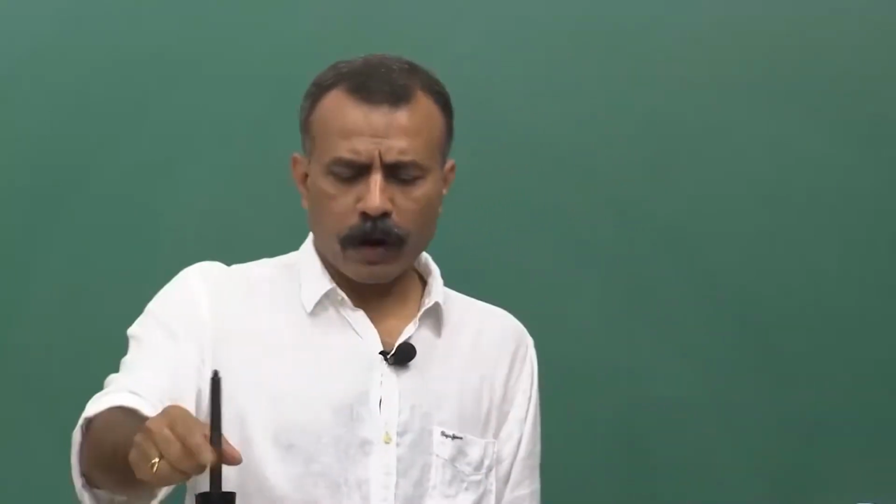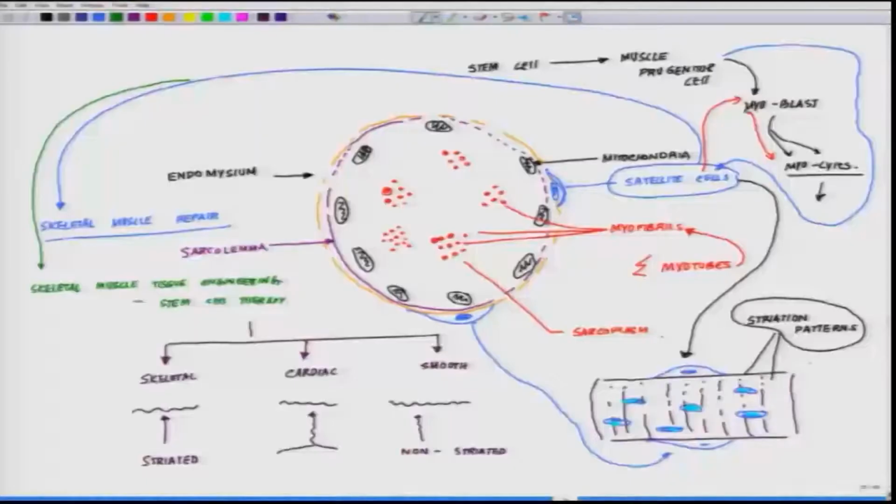So, coming back to where I was, I told you about the striation pattern. This striation pattern is a very critical landmark in the study of muscle biology. Why is it so? Before I get into the striation pattern, I will add one more drawing for you.